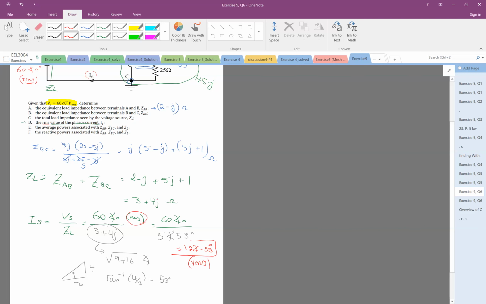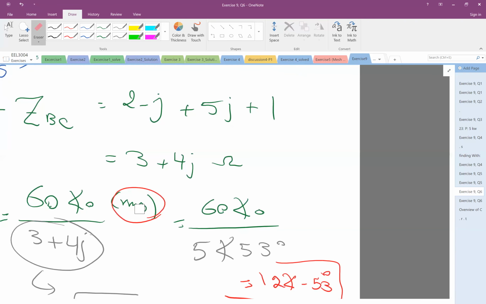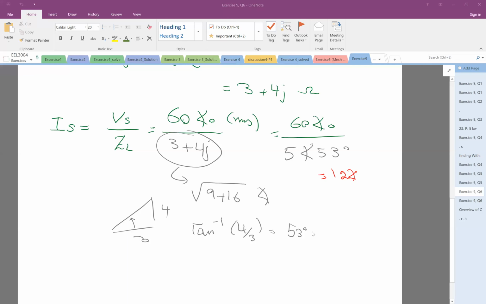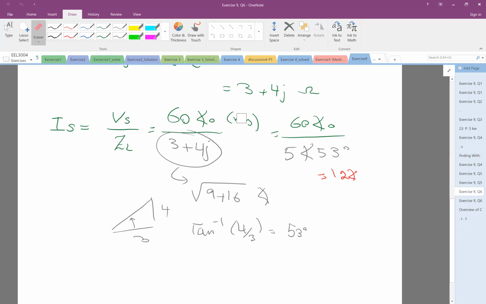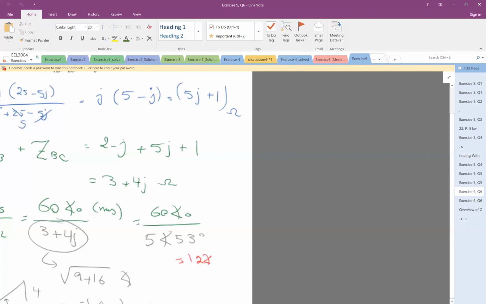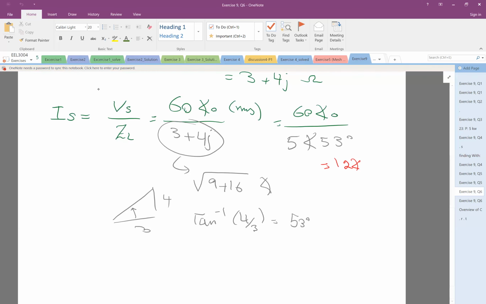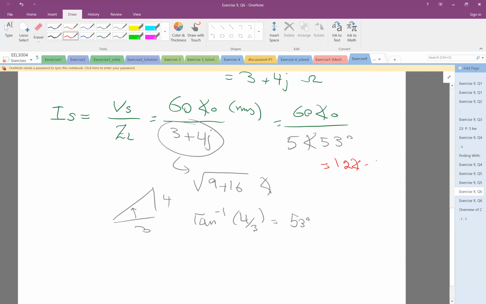Why RMS? Because the voltage was RMS, and the current is also RMS.